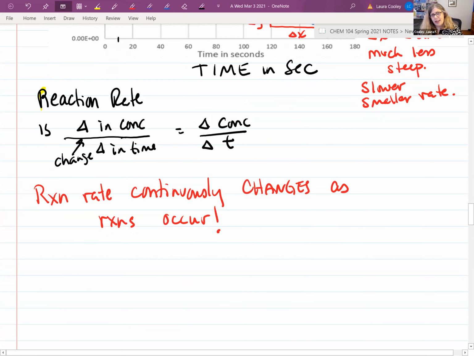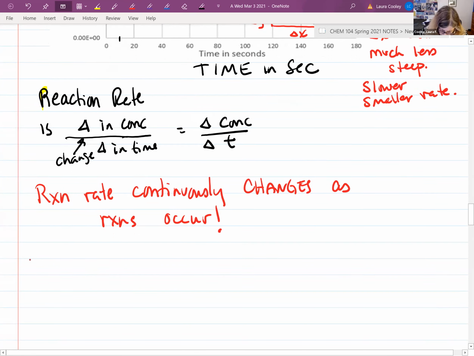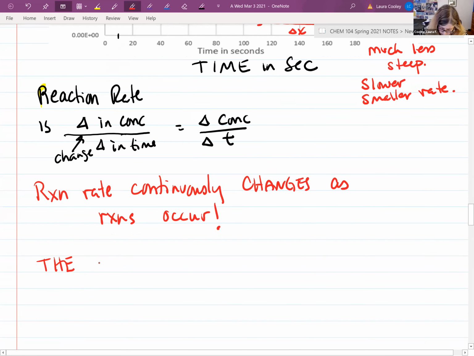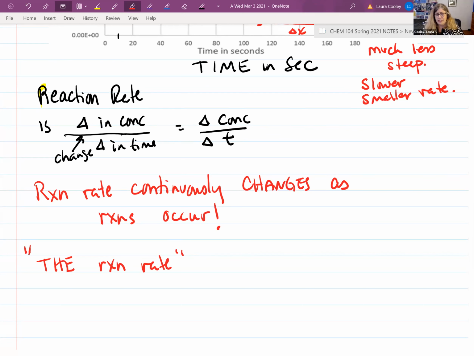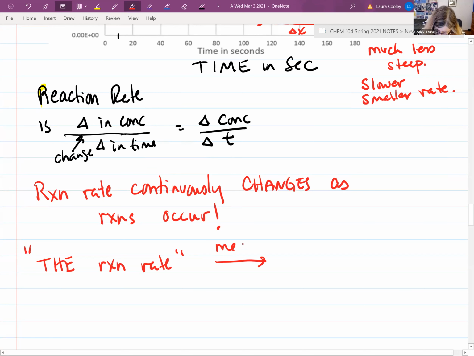And the reason for that, of course, is because the reactants are reacting away. So when I talk about the reaction rate, well, there isn't any single reaction rate. That reaction rate is changing every second that the reaction goes on. So most of the time, this means the initial rate.